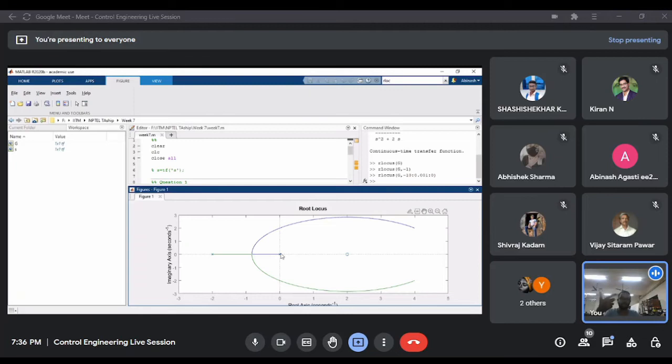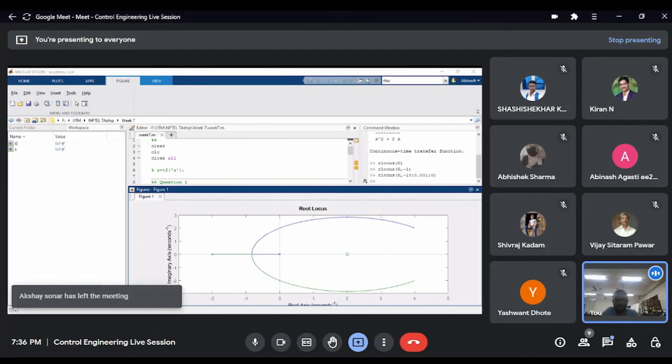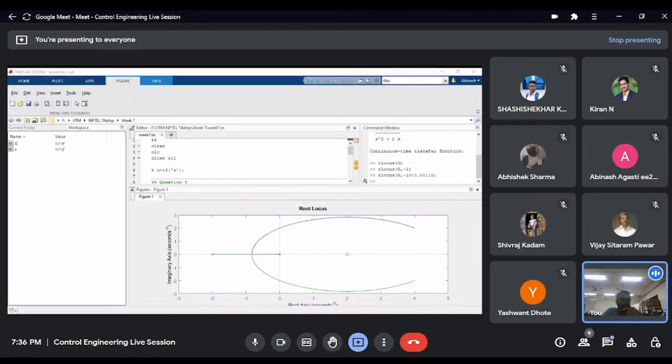We have a root locus in the real part between minus 2 and 0 as we had thought. Then they are breaking away and both are going towards the right side. So the mistake we made was we assumed the asymptotes to be along 180 degrees, but that is only the case when we have a positive gain root locus. But for negative gain, it will be along 0 degrees, like the real axis, the opposite of 180 degrees.